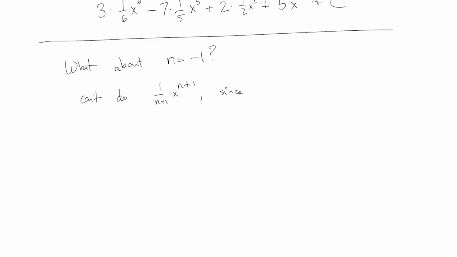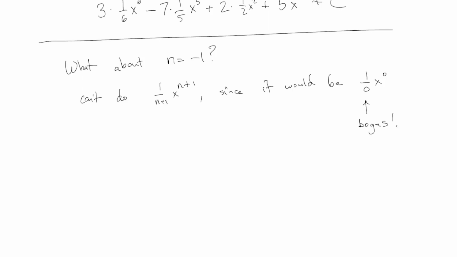You can't do that since, if you really tried that, it would be 1 over 0 times x to the 0. If you used that same old formula but with n equals -1, you'd get 0. X to the 0 actually is not a problem, but 1 over 0 definitely is a problem. All right, that is bogus. You can't do 1 over 0.